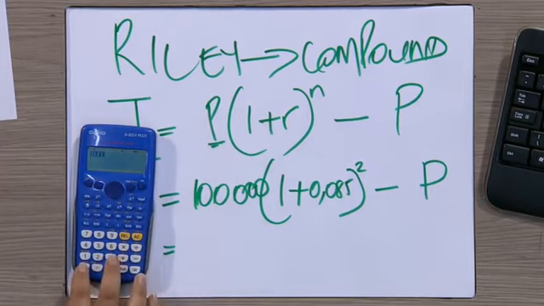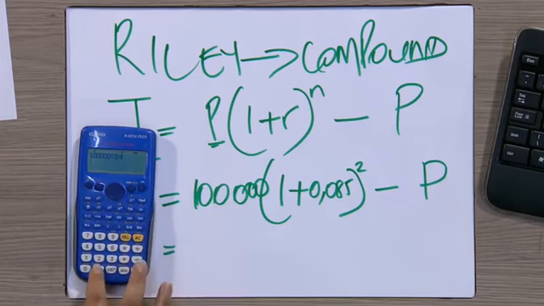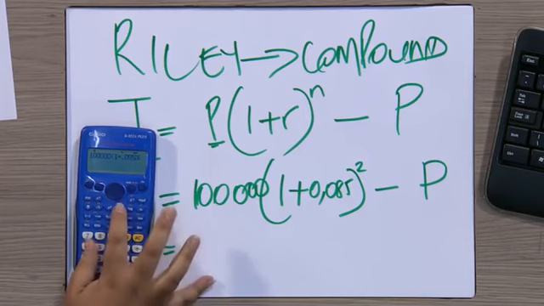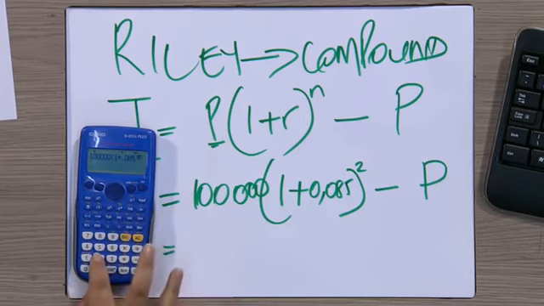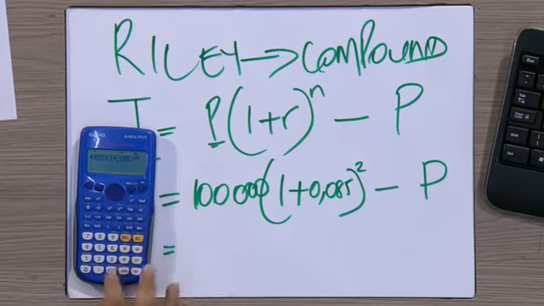Okay, so it's 100,000, open bracket, 1 plus 0.085, close your bracket to the power of 2, minus 100,000.